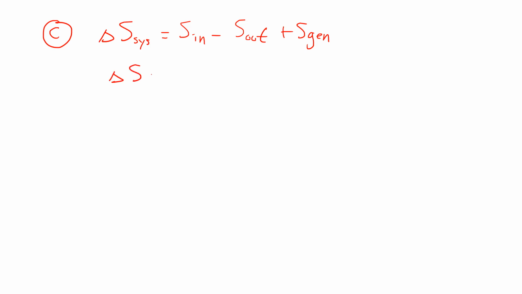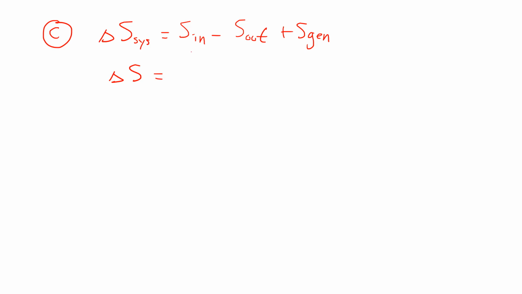So part C. The change in entropy of the system is equal to the entropy transfer to the system by heat and mass minus the entropy leaving the system by heat and mass plus the amount of entropy generated. We have a change in entropy because there's a state change.